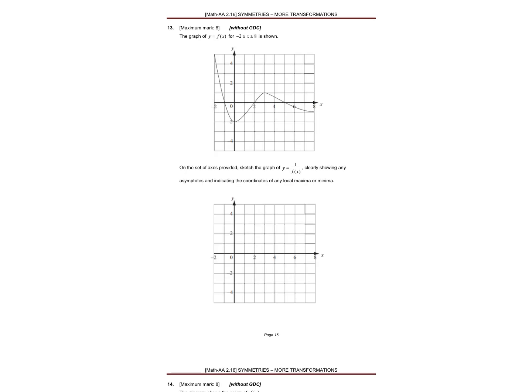Okay, 13. So this is from -2 to 8, and we want the reciprocal function. So we've got roots that become asymptotes. And 2 asymptote. And 5 asymptote.